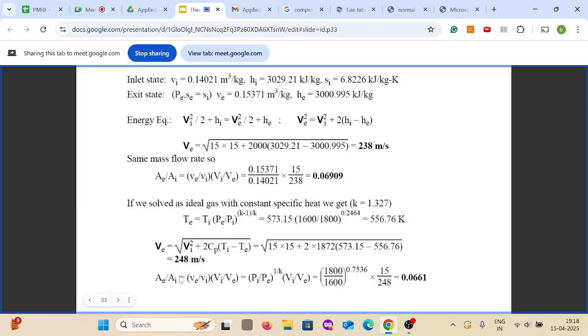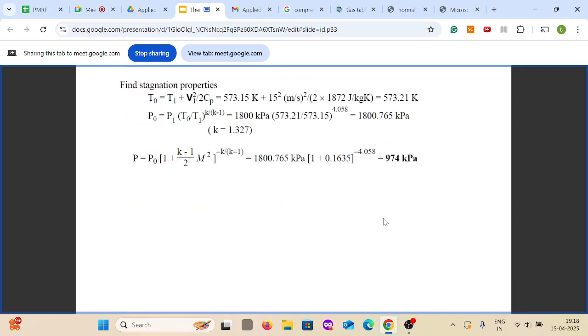So for this case the area ratio now will become, in same formula we get V by Vi is Pi by P raised to power 1 by gamma. Substituting we get area ratio is 0.0661 if we assumed it to be an ideal gas.